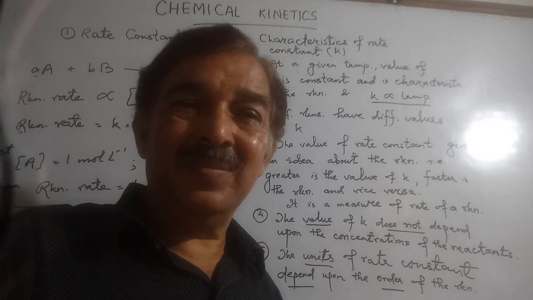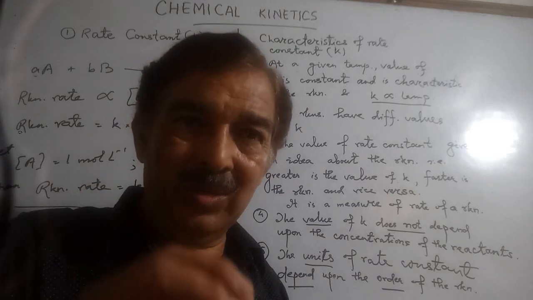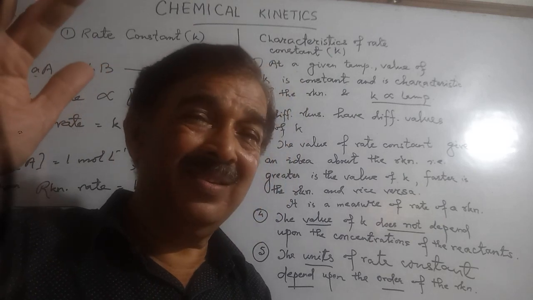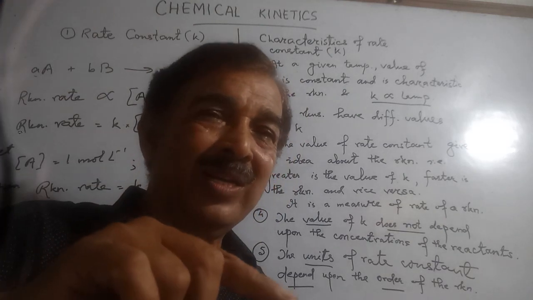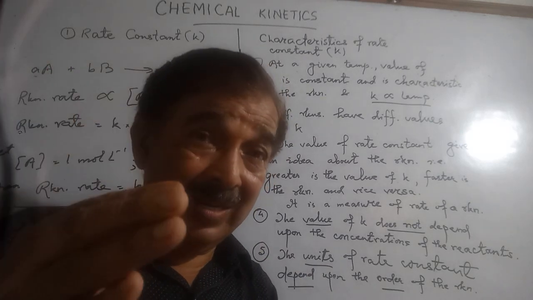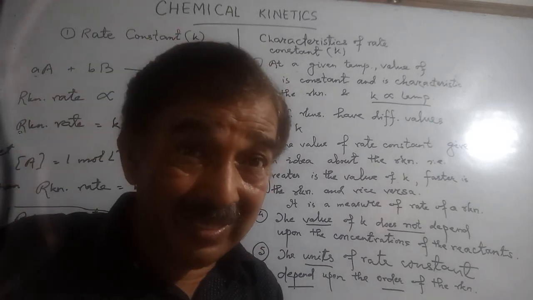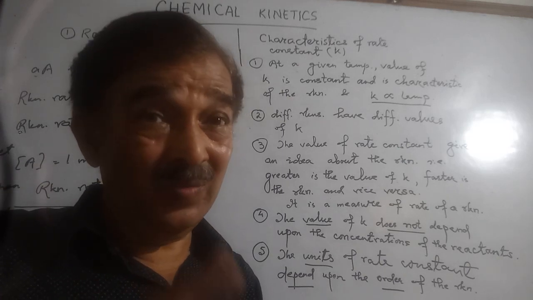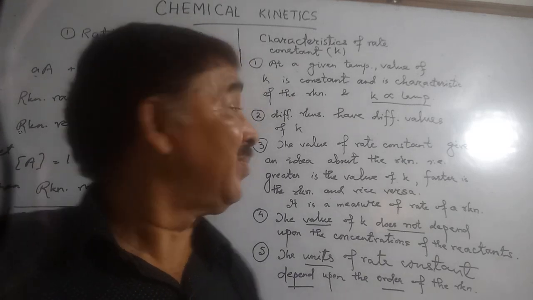What does it mean? For a particular reaction, if the temperature increases, the value of rate constant will also increase, and if the temperature decreases, the value of rate constant will also decrease.